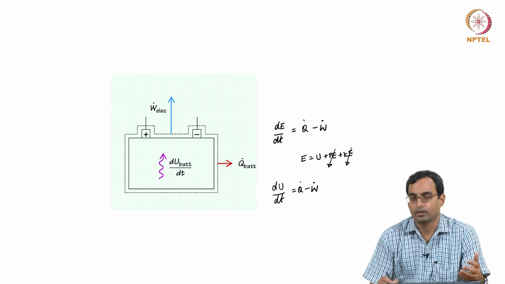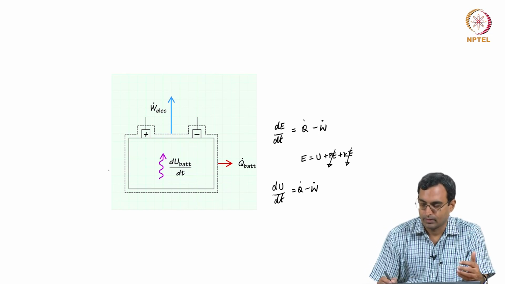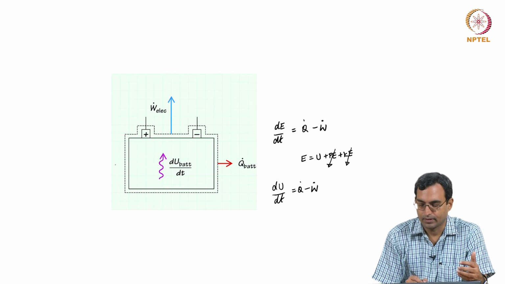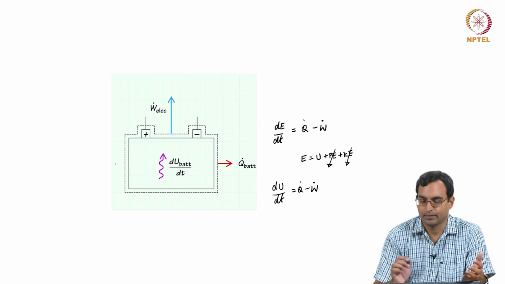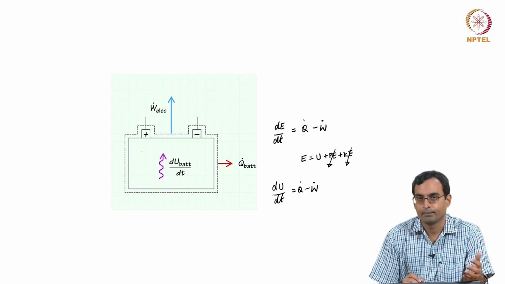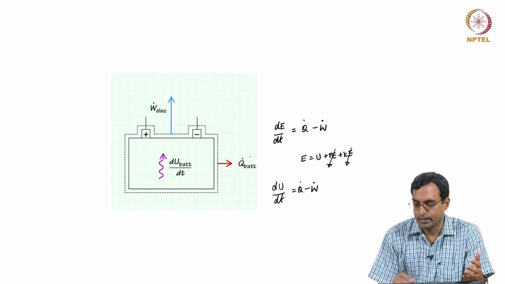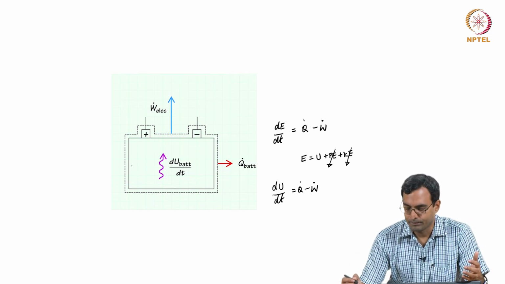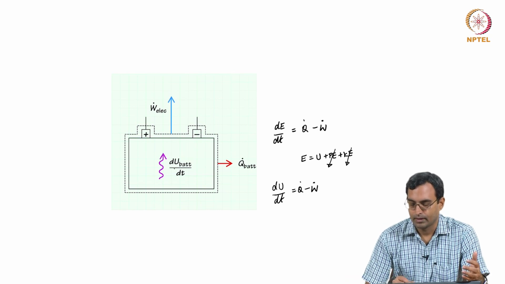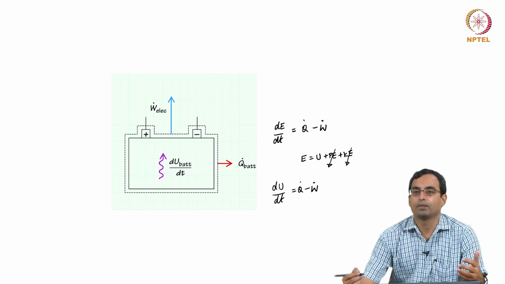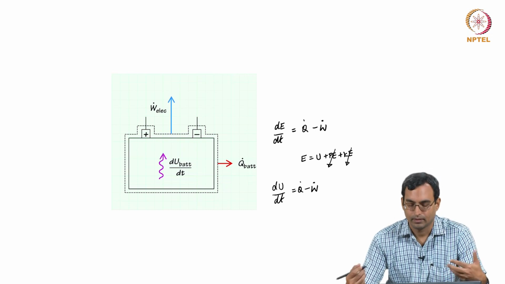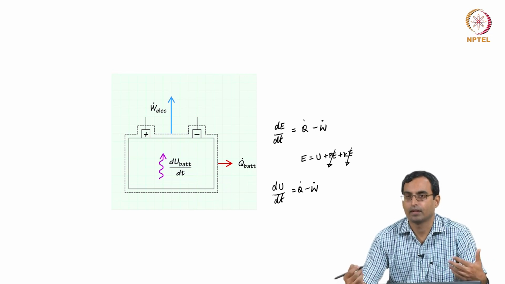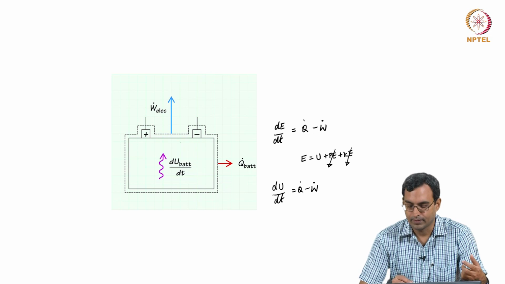So, giving out heat is, we had the conventions earlier, we said that if heat is coming into the system, it is positive, work going out of the system is positive. There is no work coming into the system here, and there is no heat coming into the system, heat is going out of the system, which for us is negative. And what we see is that the internal energy of this battery will keep dropping because it is giving out heat and it is giving out work.